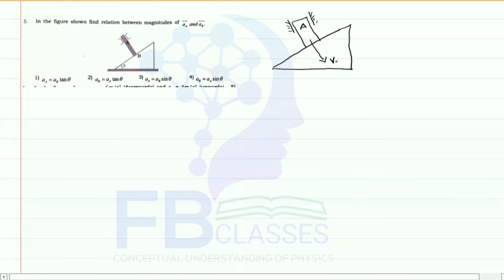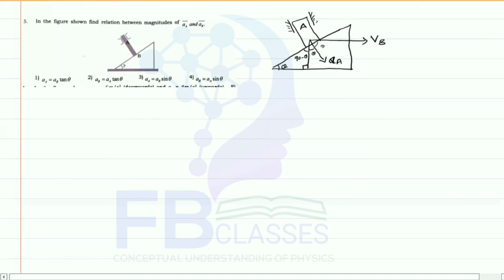Now, see here, acceleration of A block will be downwards. Yes or no? The acceleration of B block is towards the right. Now see here, from the wedge, theta, 90 minus theta, so this becomes theta.